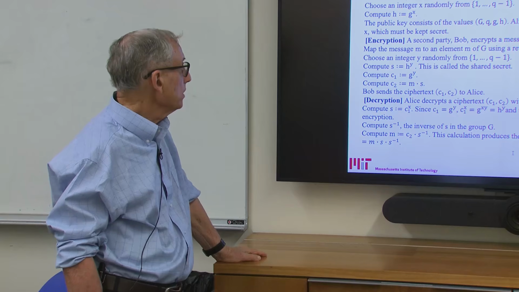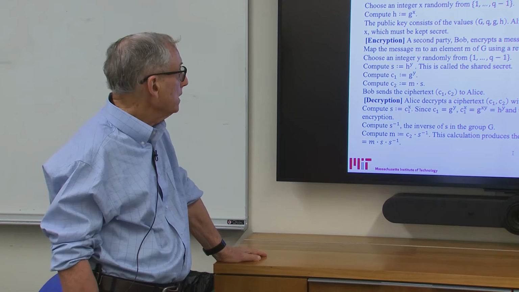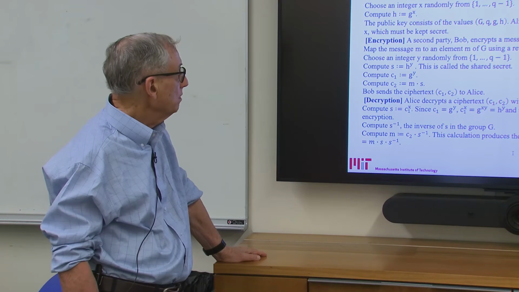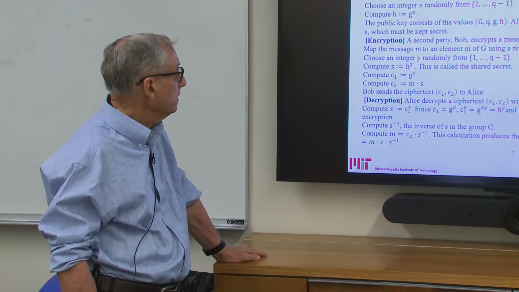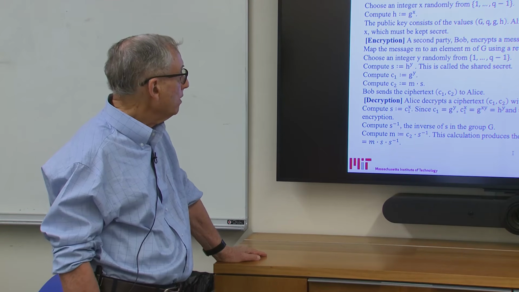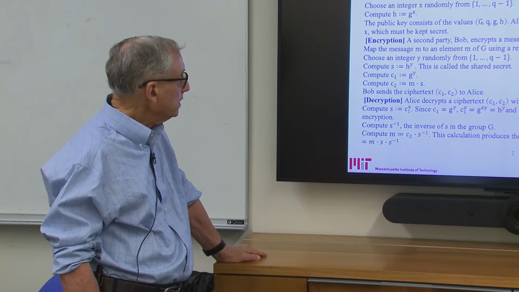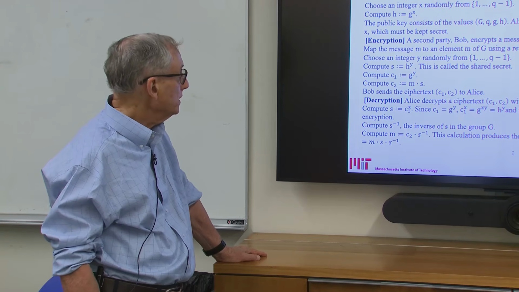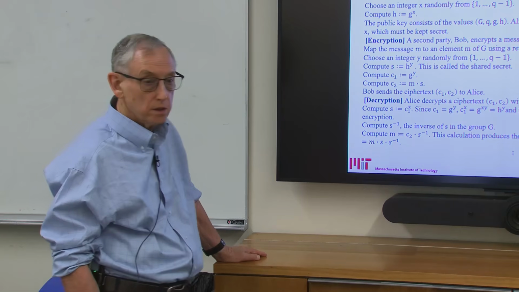You could initially think that if Bob has chosen this at random, then it's not even going to be shared with Alice. But again, the point of this is that in part of Alice's process to decipher the message M will reveal the secret to Alice.